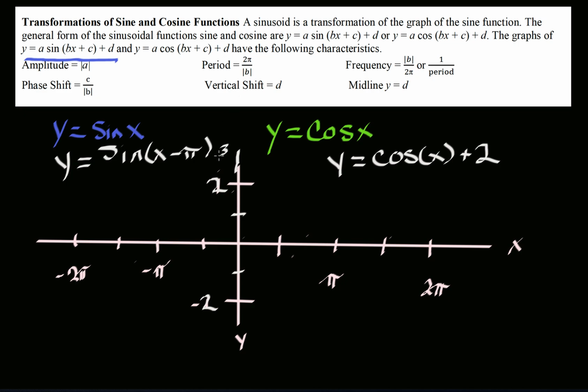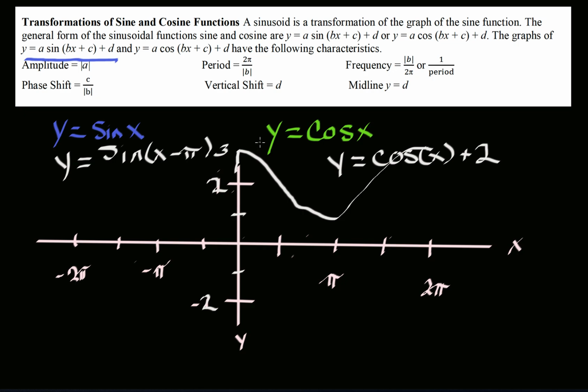So we'd start here at 3, and there we go. That's more like it. It is a big long wave like that. And that's what it would look like. It's just shifted up. So my midpoint, which is this part across here, is shifted up 2 spaces. And really, that's all there is to it.